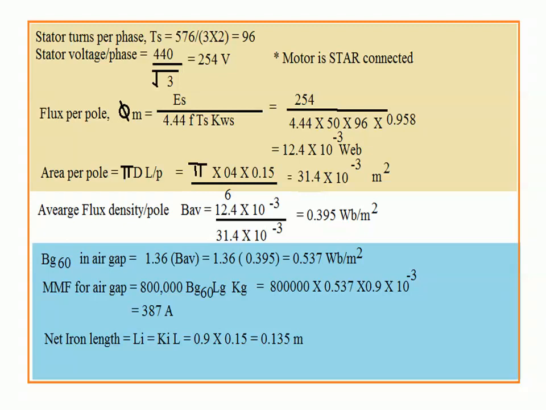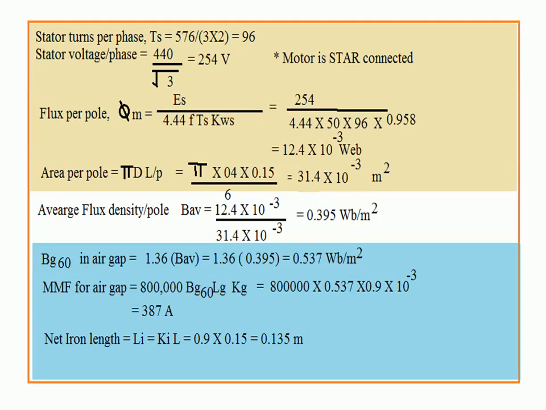In the same fashion, you have to calculate phi m and area. By knowing these two, you determine the average flux density, B average, that is flux per area. We are going to get 0.395 Weber per meter square. Similarly, you convert this value to 60 degrees from the interpolar axis.